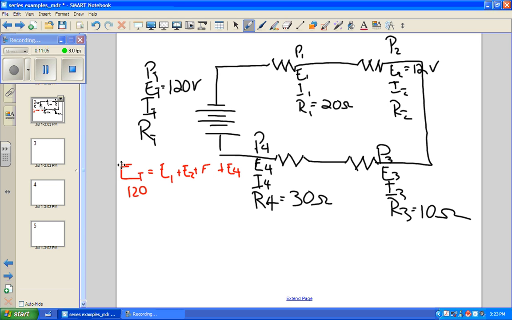So it's 20 ohms. So E1 plus E2... How about that? 120 minus 12 is 108. Is that correct?